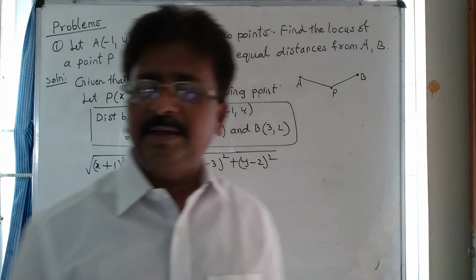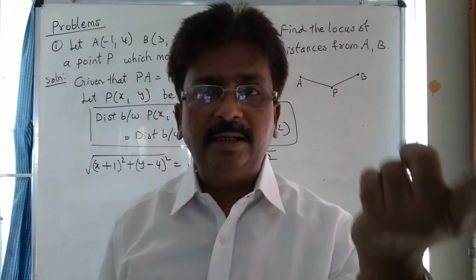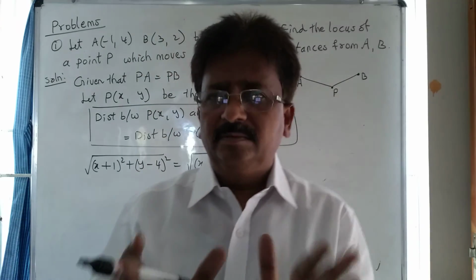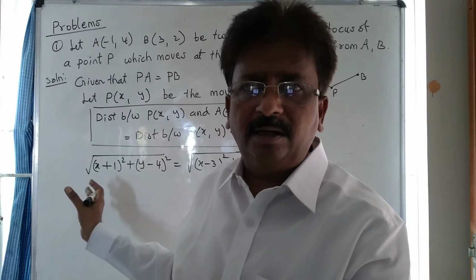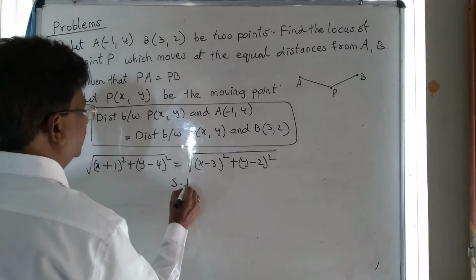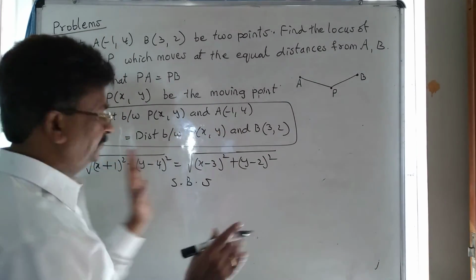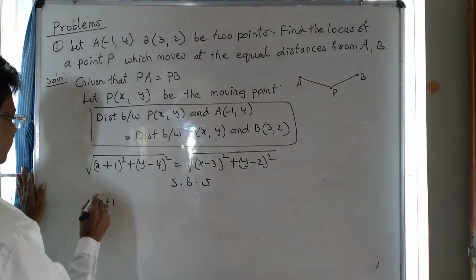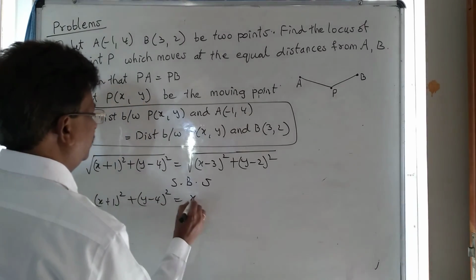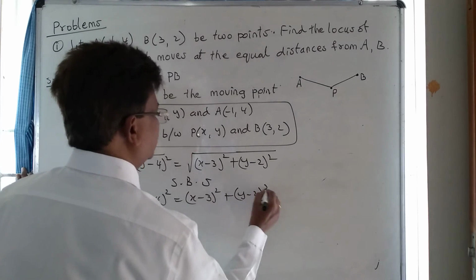Okay, we have transferred the given equation into the algebraic equation, but we have to avoid the square roots and simplify the equation. So let us square on both sides. Squaring on both sides, the square roots are eliminated. x plus 1 whole square plus y minus 4 whole square is equal to x minus 3 whole square plus y minus 2 whole square.